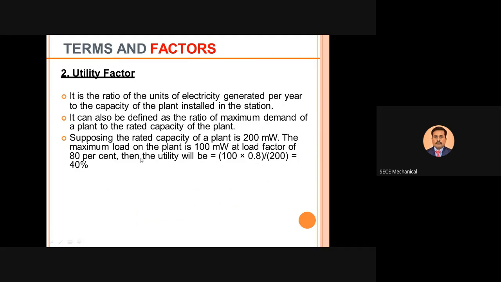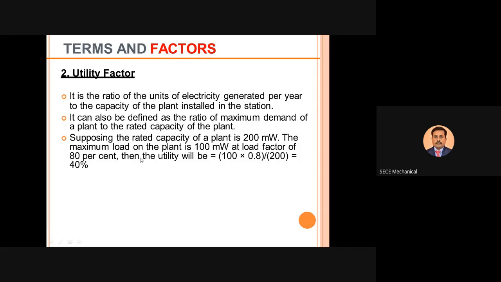For an example, in a thermal power plant, we are able to produce 230 megawatt in a particular year. So what will be the utility factor? It is the ratio of electricity generated per year. So per year we are generating 230, and the capacity of the plant may be, say, 250 megawatt.